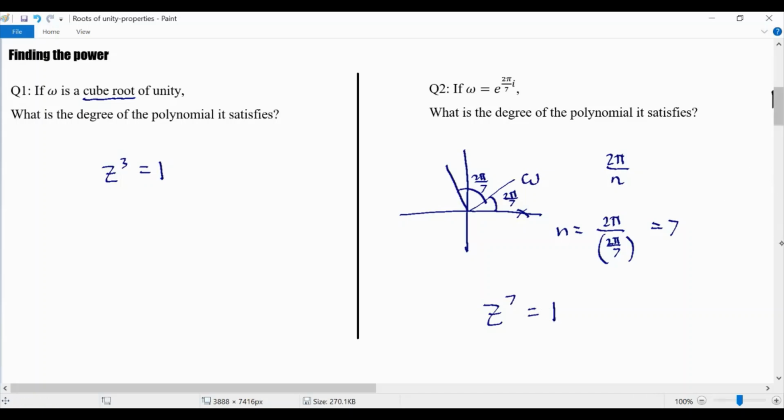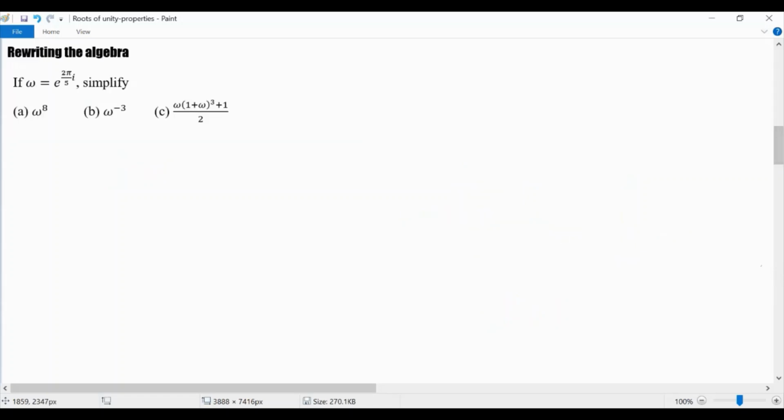Okay, so that's a little property that some of you might have to use. And then the last sort of thing we can do is use the two main properties of roots of unity. One which we've already quoted is that if we add all the roots of unity together for a particular polynomial, then they add up to make 0.